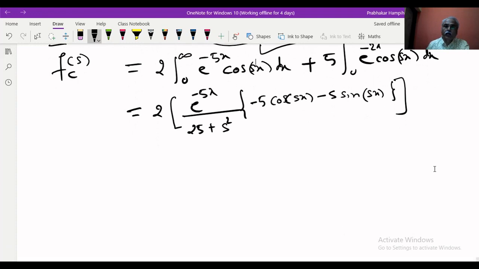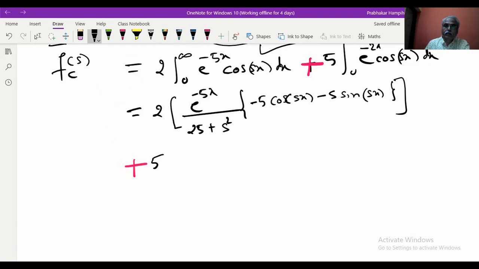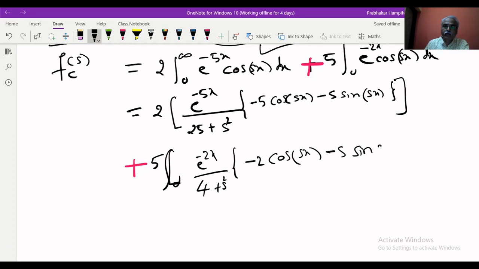Very similarly plus 5 times, I wrote 0 to infinity, I have to integrate e raised to minus 2x upon 4 plus s square, bracket minus 2 cos, very similar to the previous one, minus s sine.